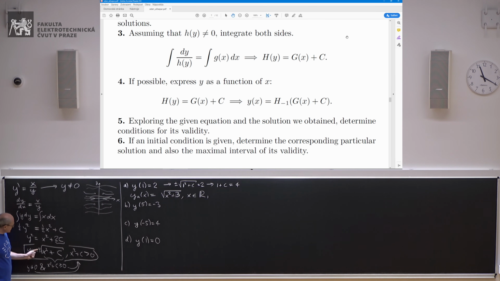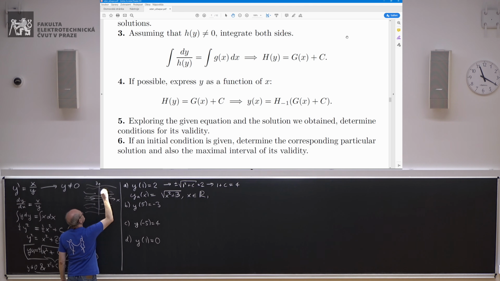But then there is the choice of the sign, plus or minus. And we have to go back to the basic idea of an initial condition. Initial condition, it means we are looking for a solution which passes through point 1, 2. When time is 1, let's say here, the value should be 2, somewhere here.